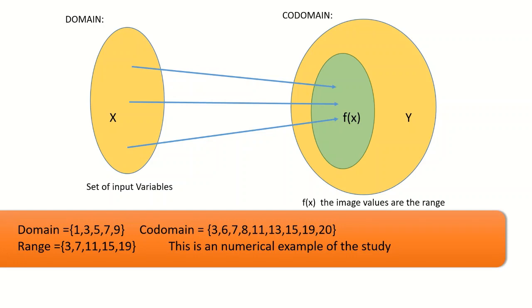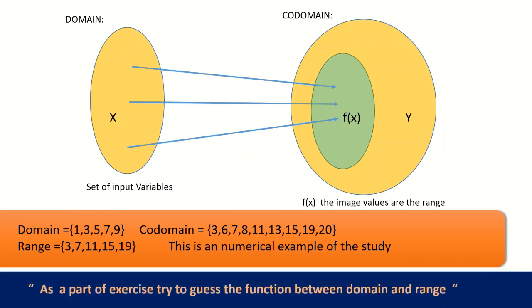This is just a simple numerical example for the study of domain, codomain and range that gives us an idea of how they are necessary for graph plotting. I will explain further in the video how these are necessary for a graph. I also provide a question below to guess the function that relates the domain and the range. Now let's begin with graph plotting.